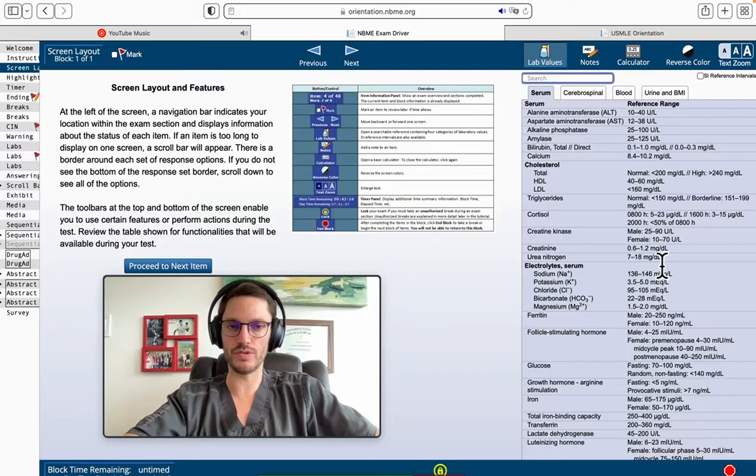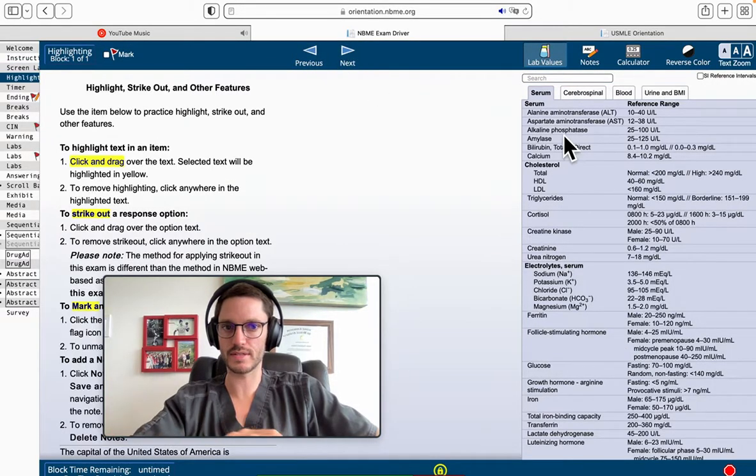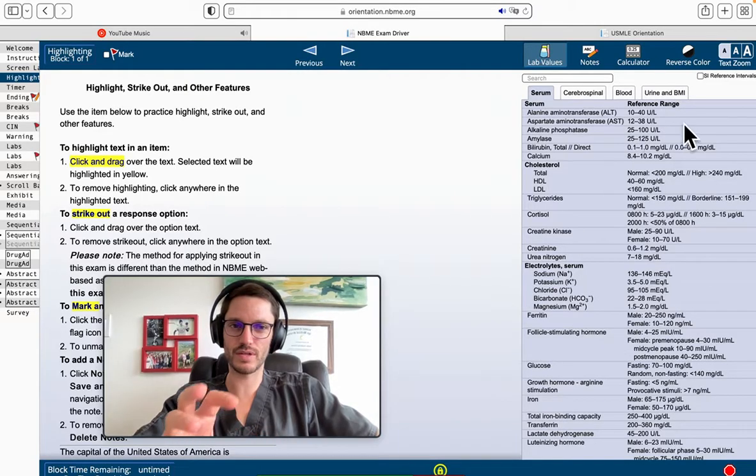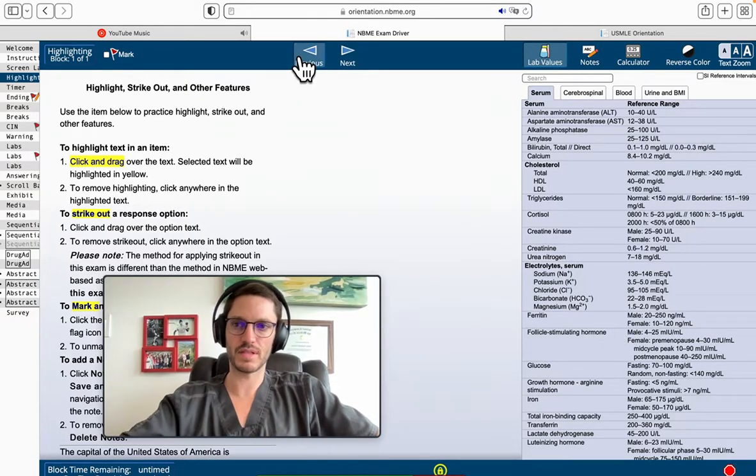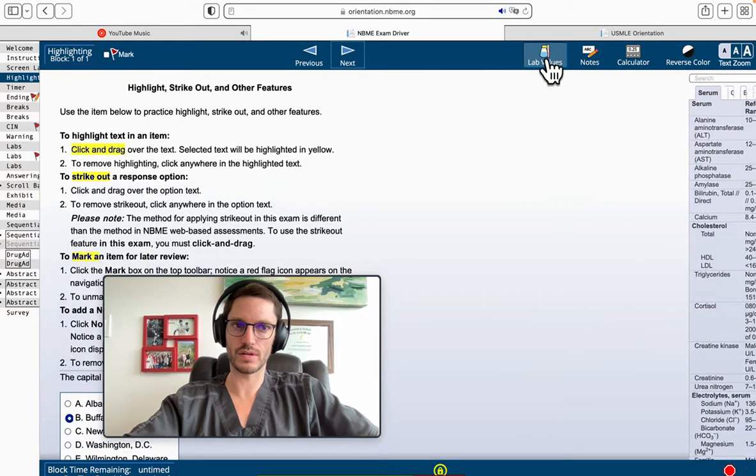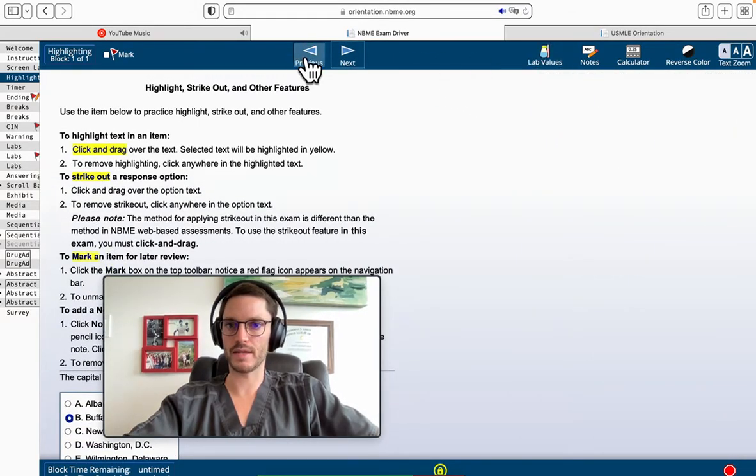That's the way you can use the labs. Some people actually open this lab sheet and leave it right there and continue their exam because it just stays there. But in my case, I don't like it because it sometimes might distract me, so I close it again. And let's continue.